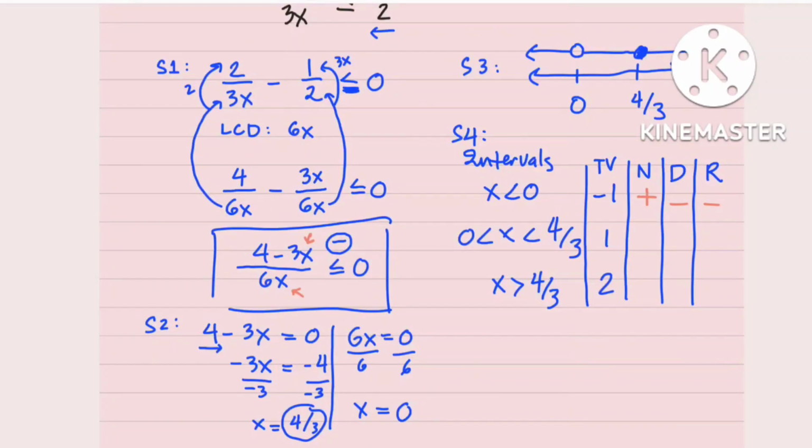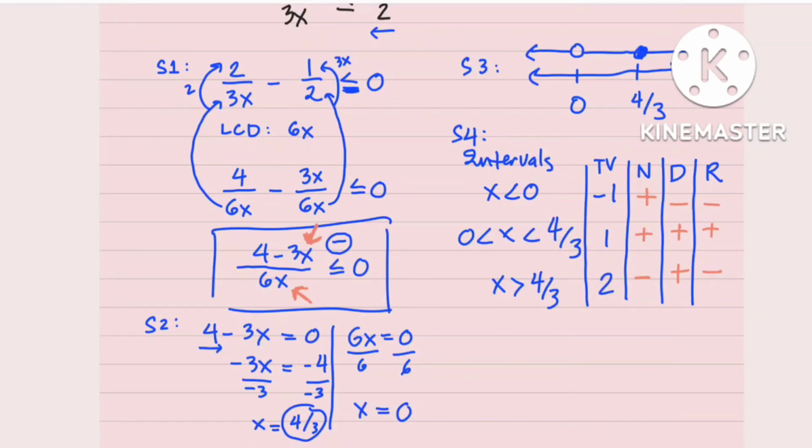Next, if I replace this x here with +1, I will get a positive numerator. And then if I replace this x with +1, same, my denominator is also positive. Their ratio is positive. Lastly, if I replace this x here with 2, then I will get a negative numerator. If I replace this x with 2, my denominator will be positive.